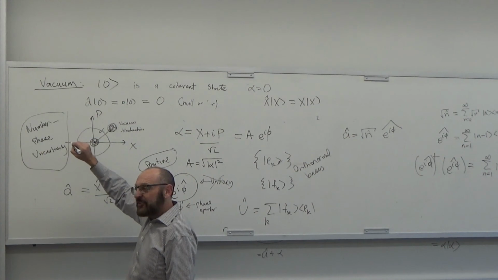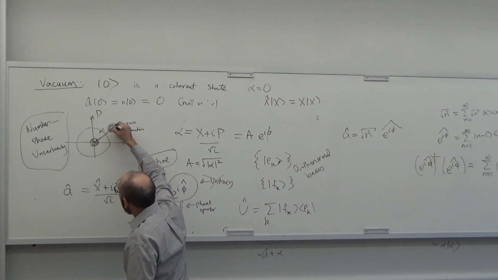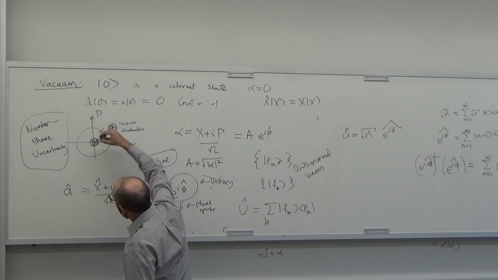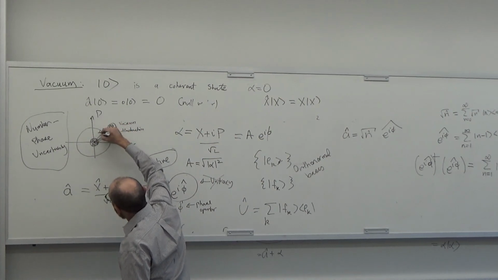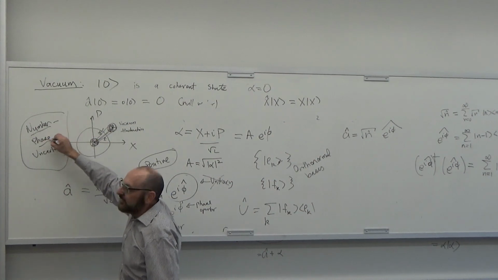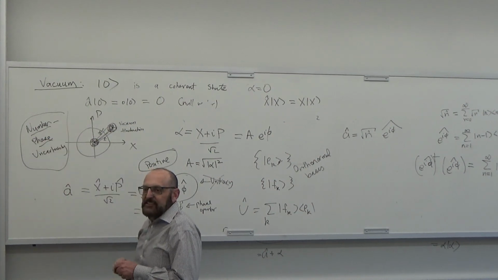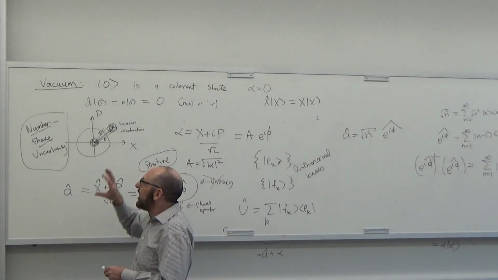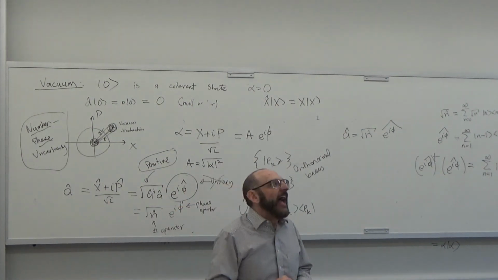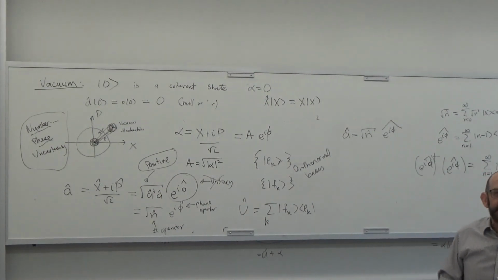There's a trade-off. If we're going to have a state that has some notion, a wave packet that has some well-defined phase with some uncertainty, it has to have fluctuation in number. We can't have a state that has a well-defined number and a well-defined phase at the same time.